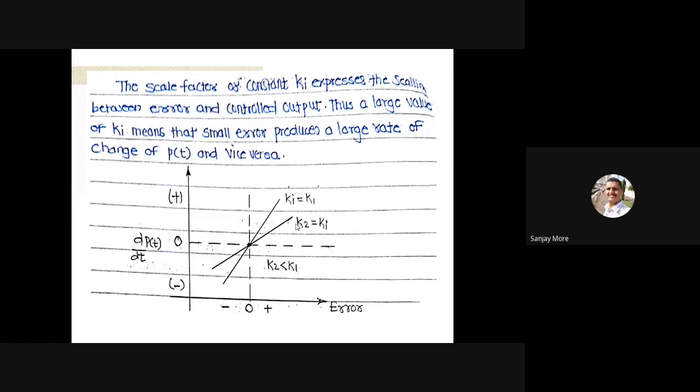Thus a large value of Ki means that a small error produces a large rate of change of P of t, and vice versa.